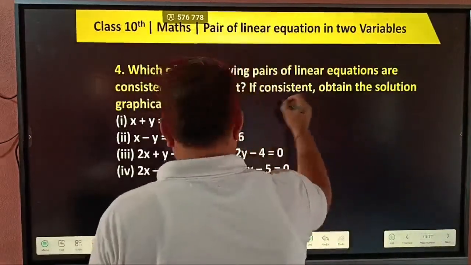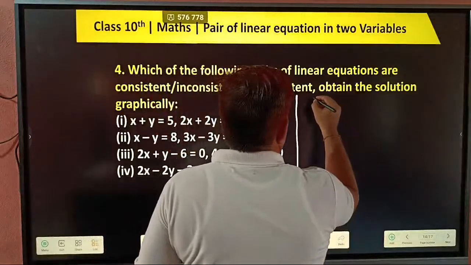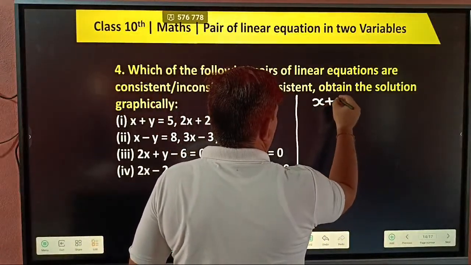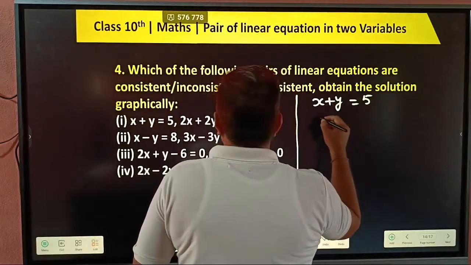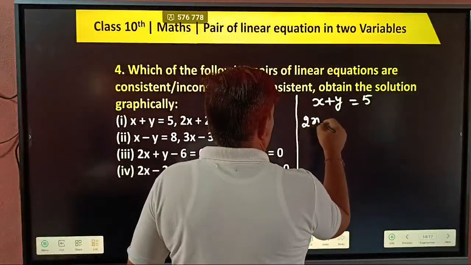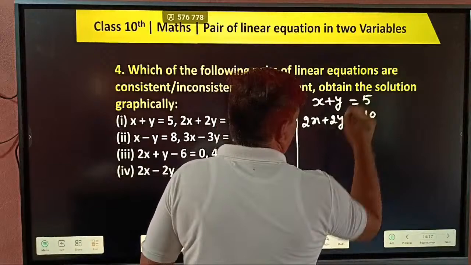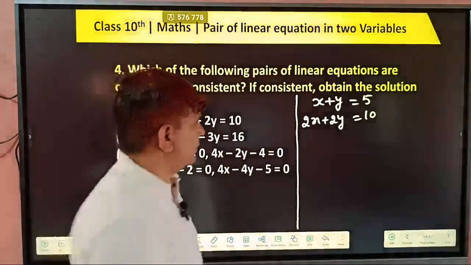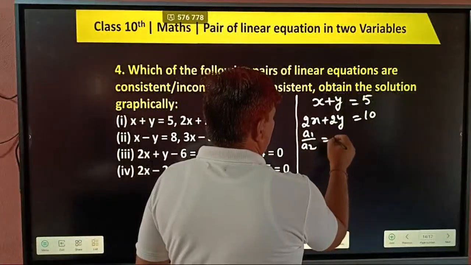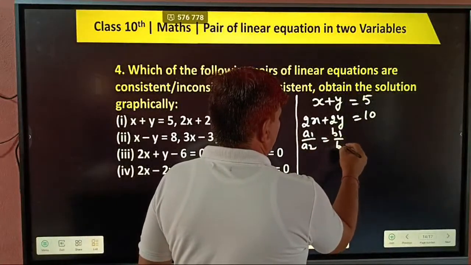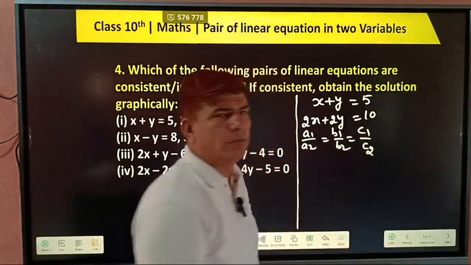Here we have the equations x plus y is equal to 5 and 2x plus 2y is equal to 10. If you check here, A1 by A2 equal to B1 by B2 equal to C1 by C2.